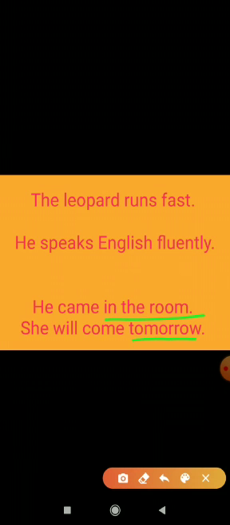He came in the room. In the room is an adverb of place. She will come tomorrow. Tomorrow is an adverb of time. Adverbs of place and adverbs of time are also placed after the verb or after the object, if there is any.